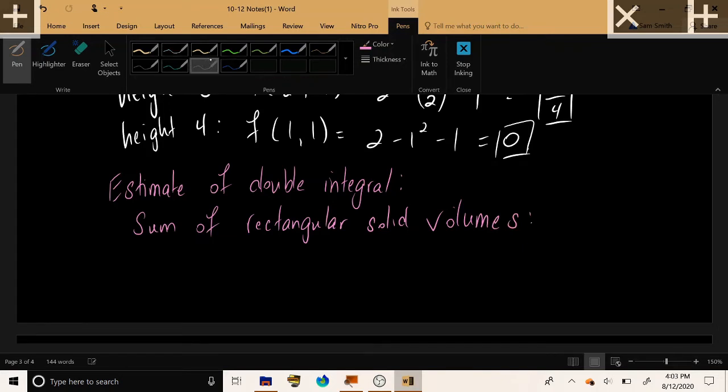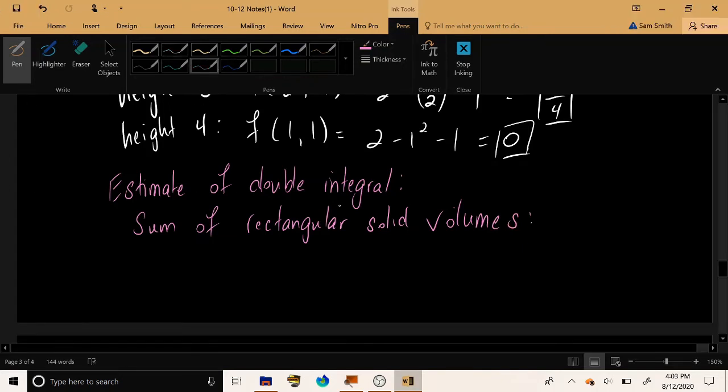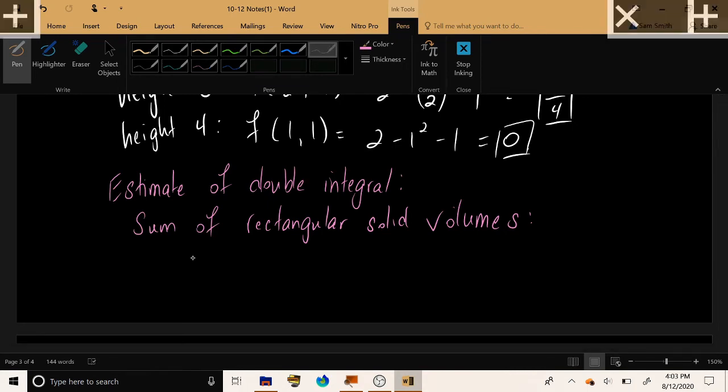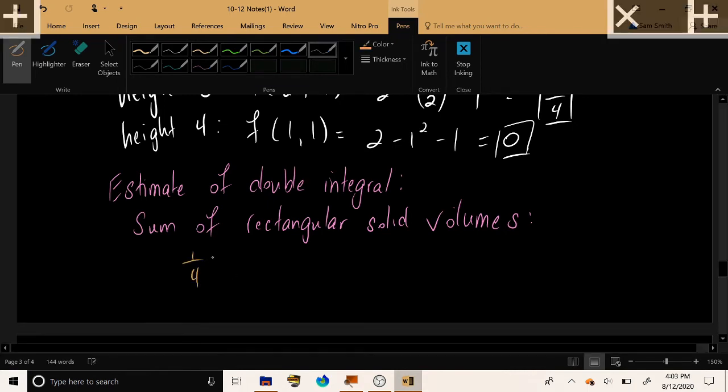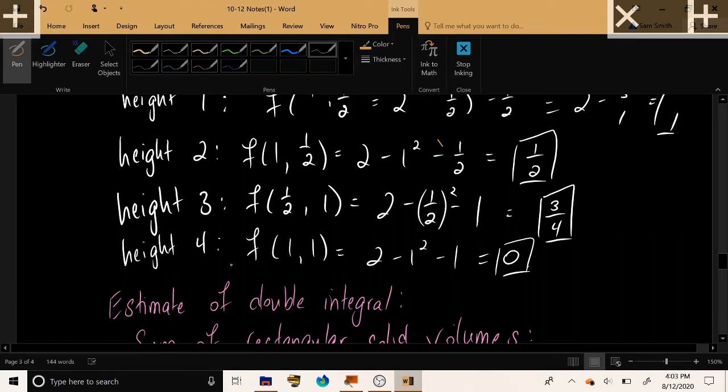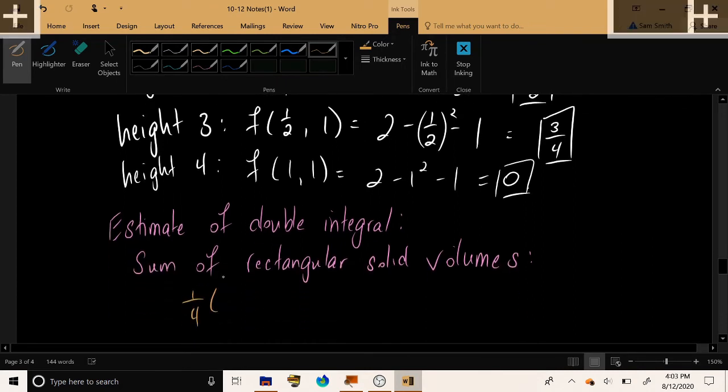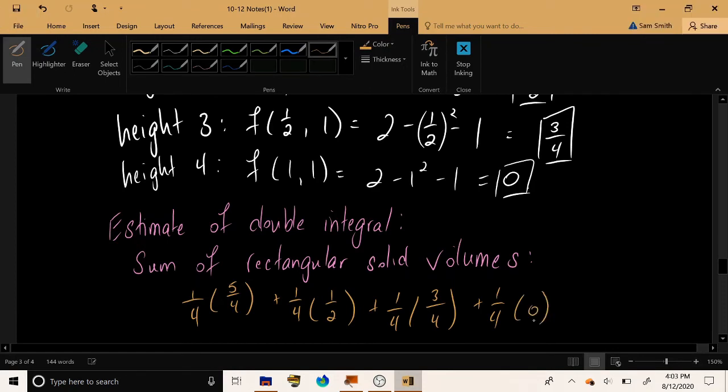Now each one of these rectangular solids had a base of area 1/4. So we have 1/4 times height number 1, which is 5/4. We have 1/4 times height number 2, which was 1/2. 1/4 times 3/4 and 1/4 times 0.